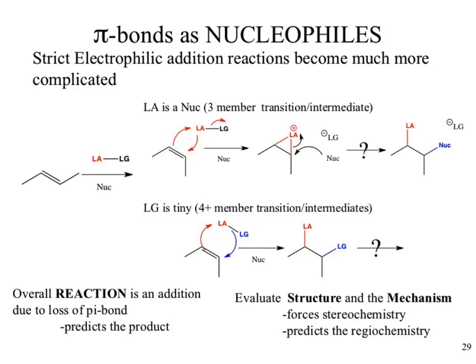Take a look at the three-membered ring, the nucleophile and the Lewis acid. Would we expect them to be on the same side or opposite sides of the old pi bond? Why opposite sides? Because of the ring.